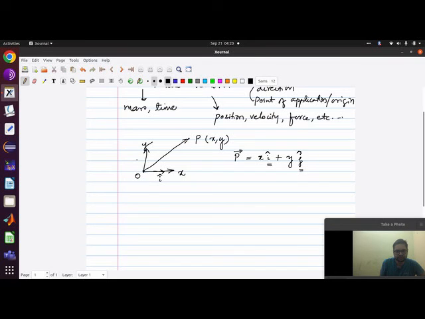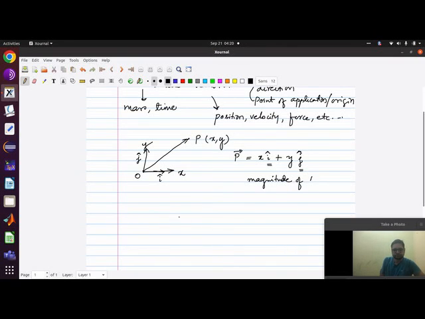This j cap is a unit vector along j. Unit vectors by definition have a magnitude of 1, generally direction vectors are unit vectors. These are used to indicate only the direction, okay.